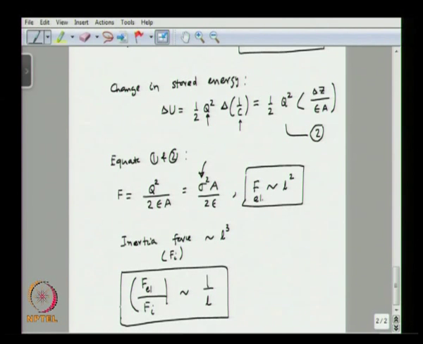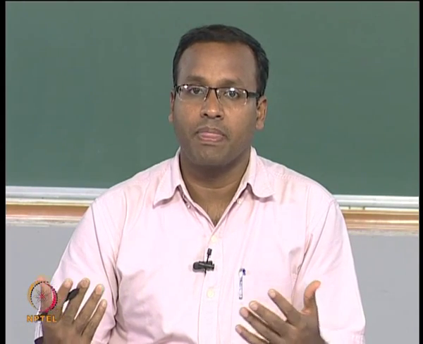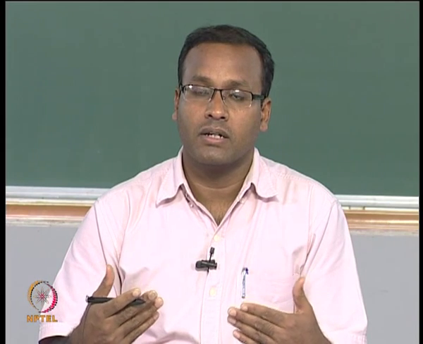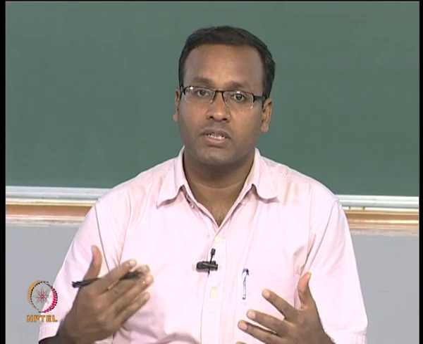So what we see here is that as you reduce L, when you go to microsystems, the electrostatic force is going to be more and more dominant, okay. That is the reason why electrostatic actuators that use parallel plate configuration are made smaller and smaller.